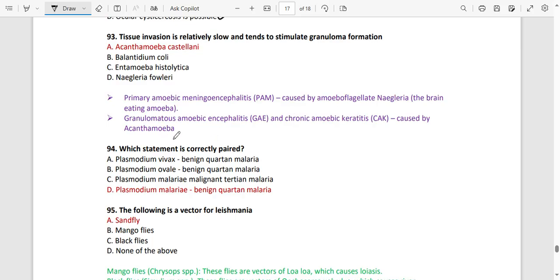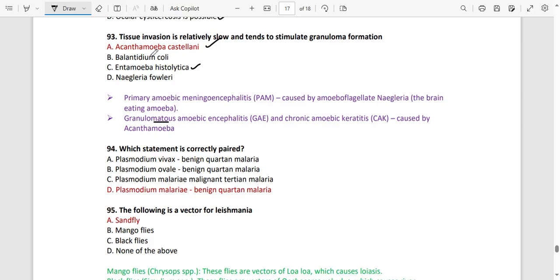And then Acanthamoeba can cause granulomatous amoebic encephalitis and chronic amoebic keratitis. So we're talking about granulomatous, which occurs relatively slow. Entamoeba histolytica also forms the granuloma, which is an amoeboma. But from the notes it says it's quick, fast. So this granuloma for Acanthamoeba is slow.